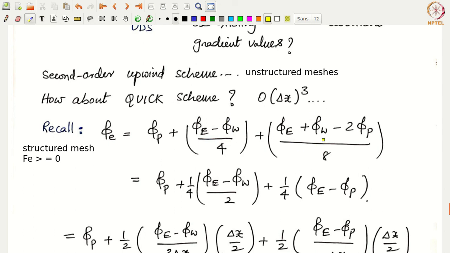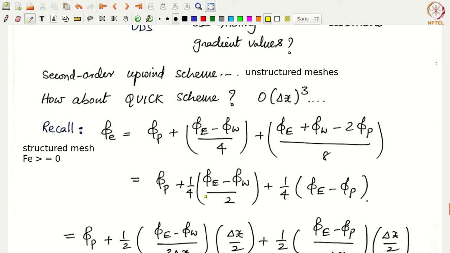This would give you minus 1/8, that's what I have written here, and the remaining terms are phi east with remaining 1/4 and phi p with remaining 1/4. So we just modified this equation to look slightly different: phi p plus 1/4 of (phi east minus phi w) by 2 plus 1/4 of (phi east minus phi p).